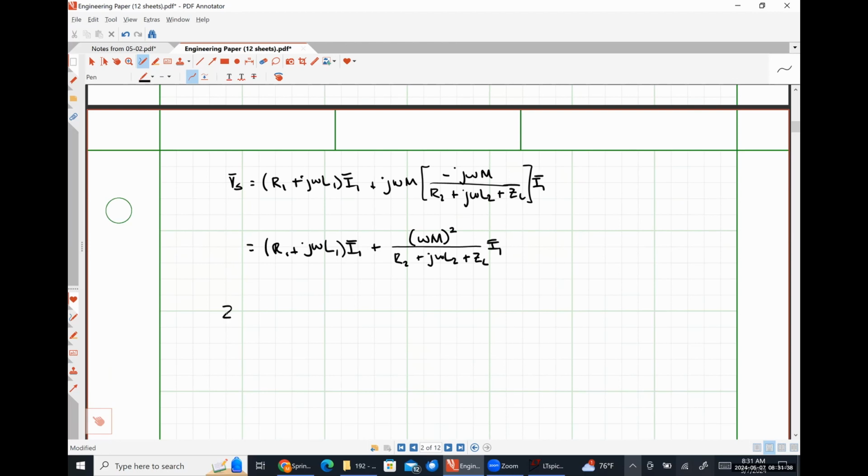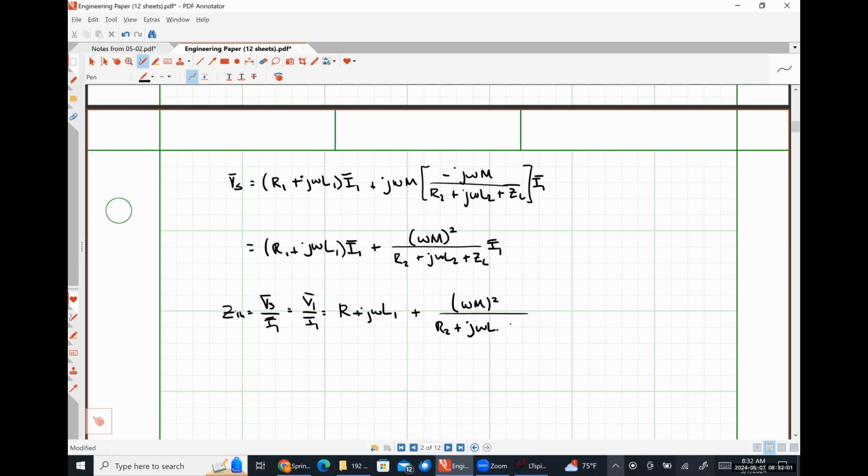And from this, our input impedance is just going to be Vs over I1, which is the same thing as V1 over I1, is R1 plus J omega L1 plus omega M squared over R2 plus J omega L2 plus ZL. So that's the result that we got for this particular circuit, but I want to point something out here. Sorry, and this should be an R1.